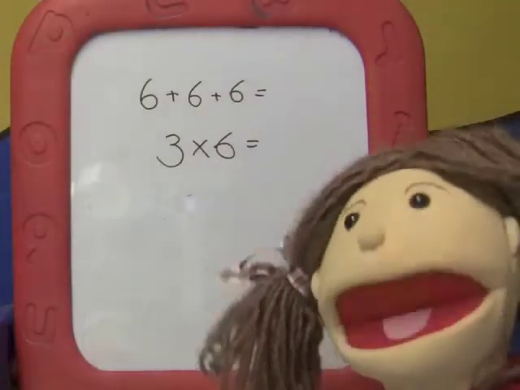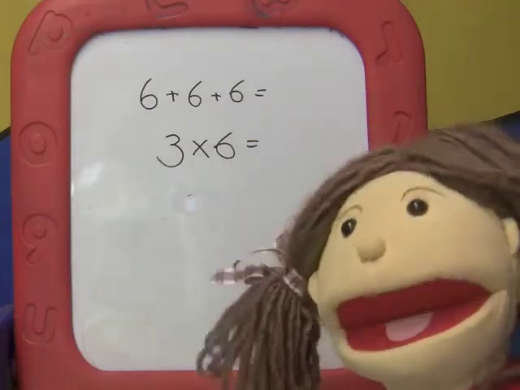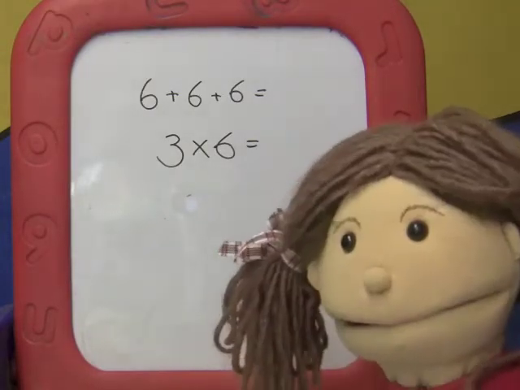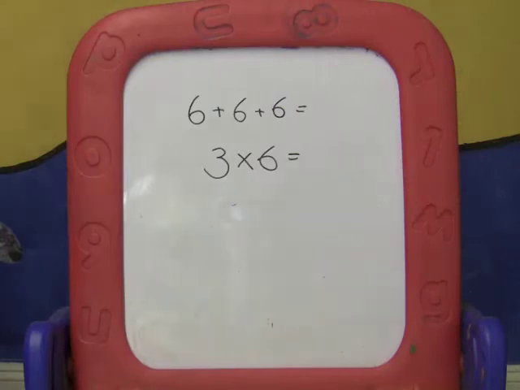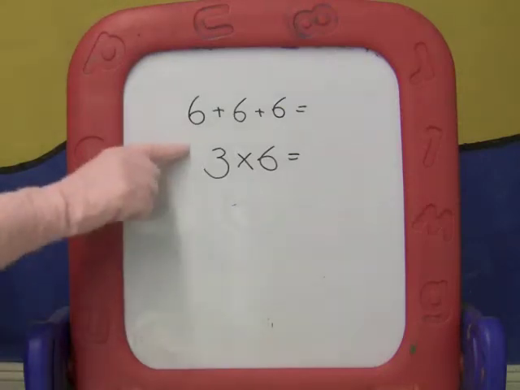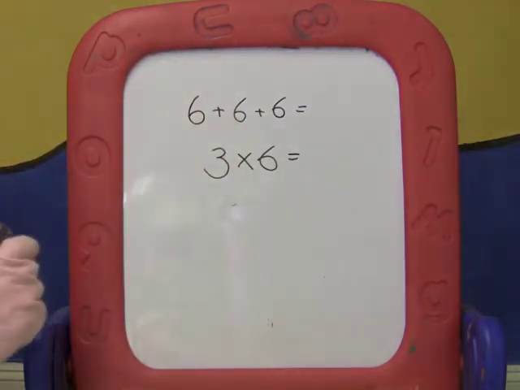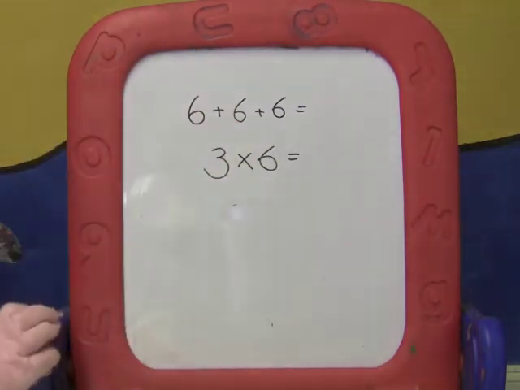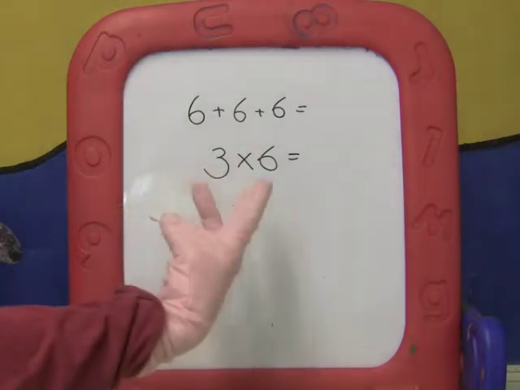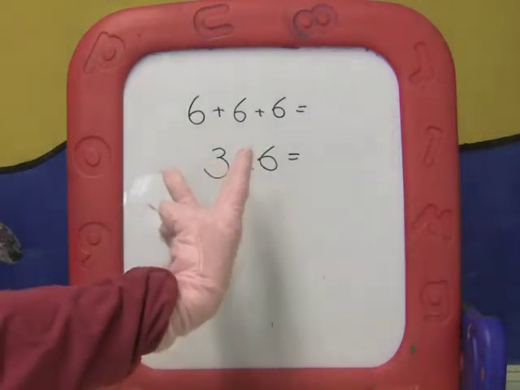So the sum is 6 add 6 add 6, or 3 times 6. And to do that, I'm going to count in 6s 3 times.